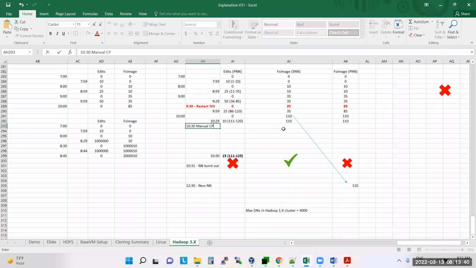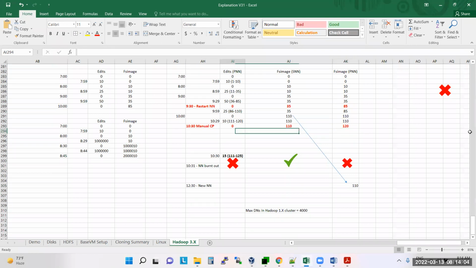When you perform a manual checkpoint at 10:30, what will happen? This will become 0. Is there any change in the secondary name node? No, sir. And this will become 120. Understood? Yes.